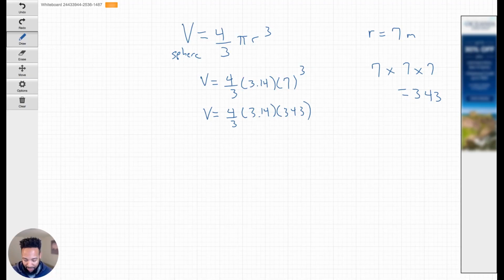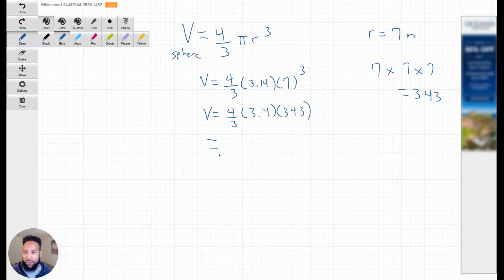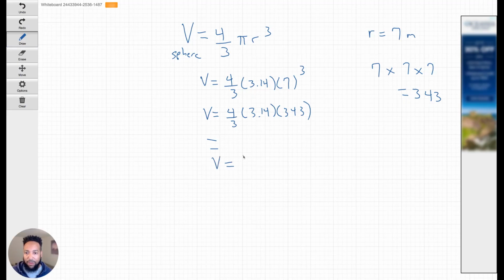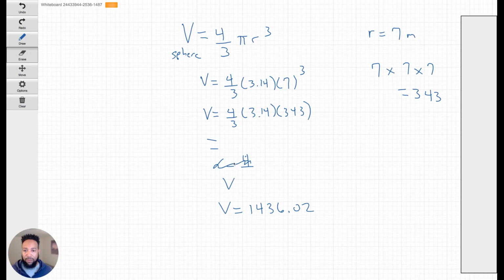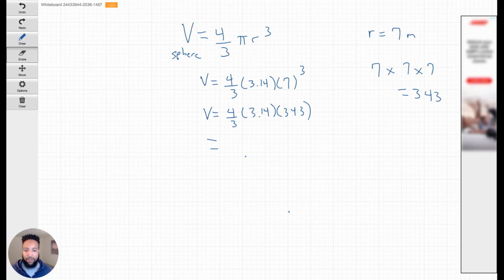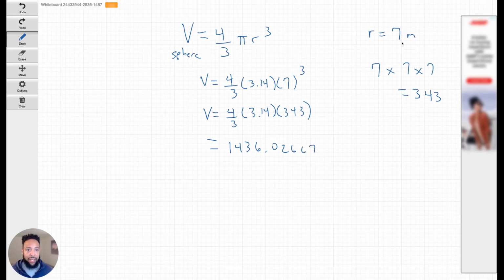We have volume equals 1436.02667. And so the unit was meters, so this is meters cubed.